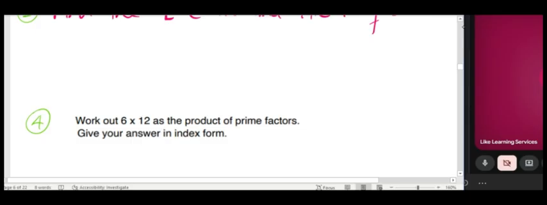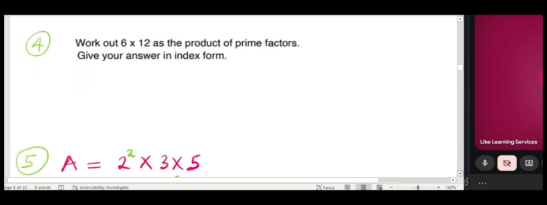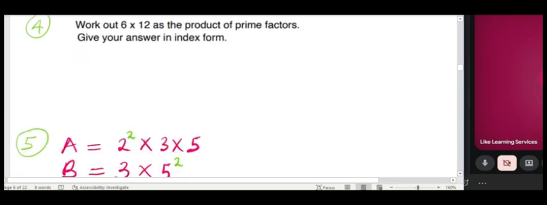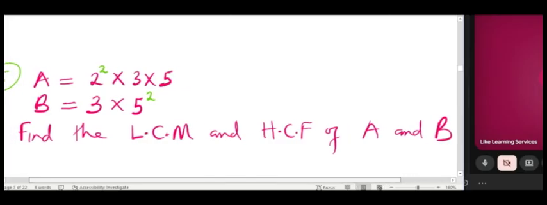Give your answer in index form, like something raised to the power something. Number 5, a is equal to 2 raised to the power 2 times 3 times 5, and b is equal to 3 times 5 raised to the power 2. Find the LCM and HCF of a and b.